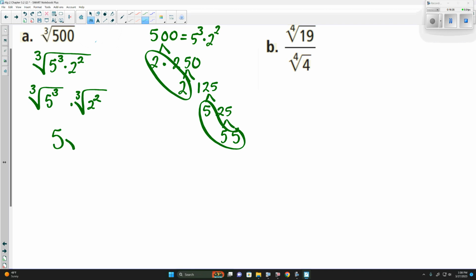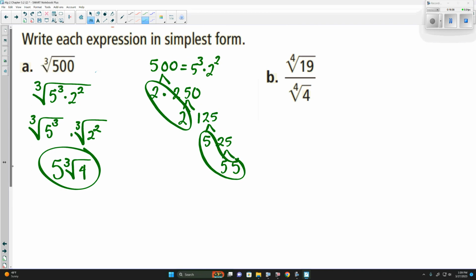No. So we'll have our cubed root, but we won't write 2 squared, because what is 2 squared? So we'll simplify it. So if we can't reduce the radical with the exponent, we just simplify it back to whatever the number was. Any questions on these here? Because I think simplifying these radicals is not too bad. It's just figuring out what the prime factorization is and then simplifying with the root.